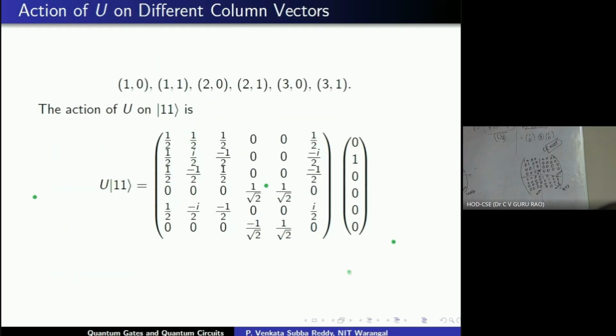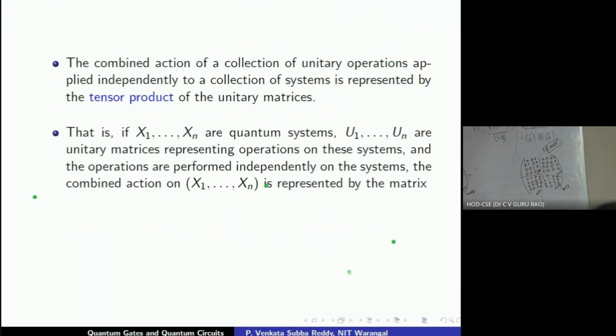Before applying that, see, we are viewing n systems together as a single system. The first system has some classical state, the second system has some classical state, the nth system also has some classical state. What is the classical state set of the combined system?